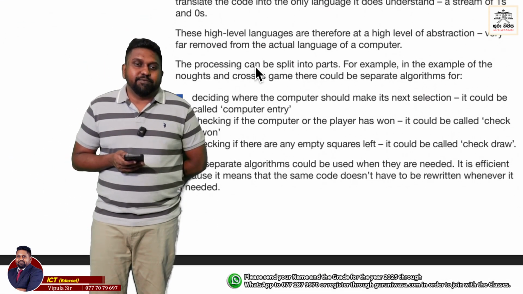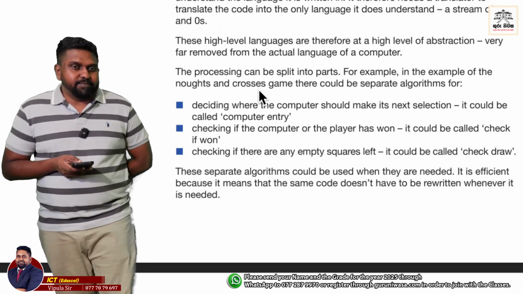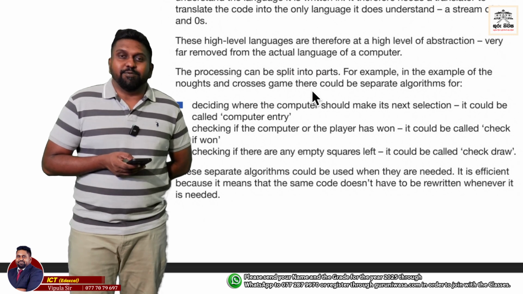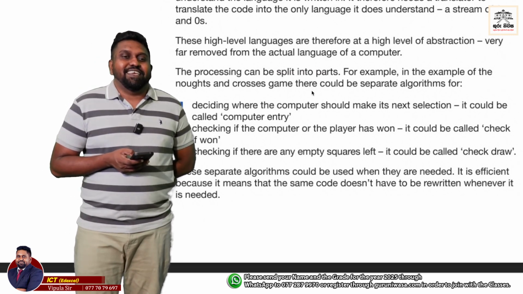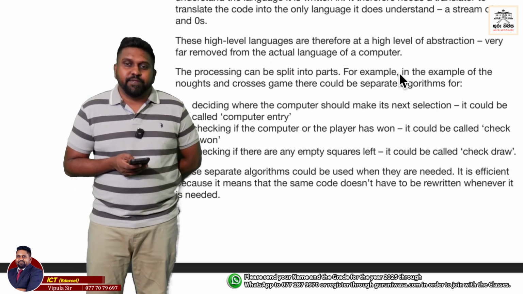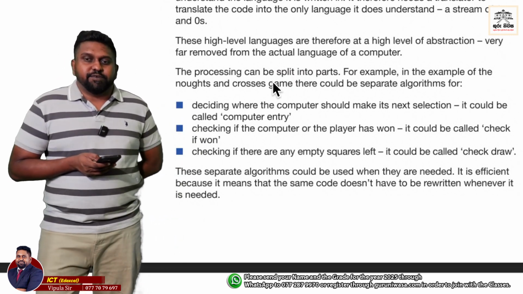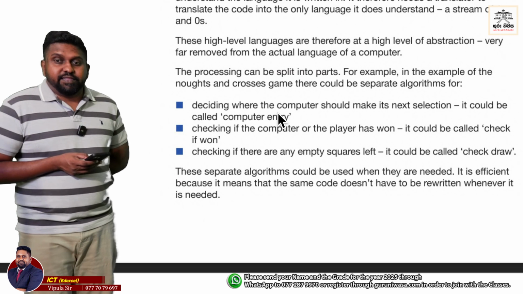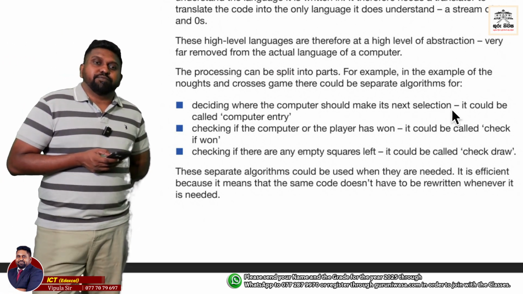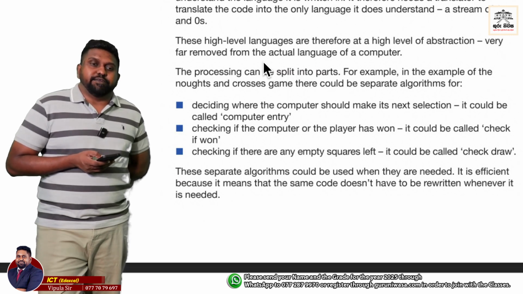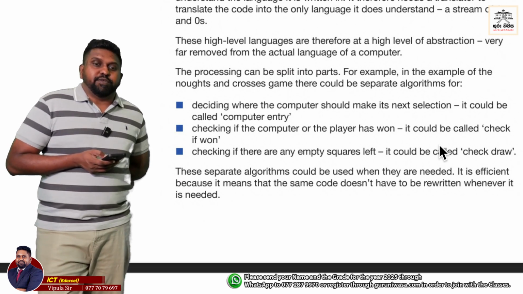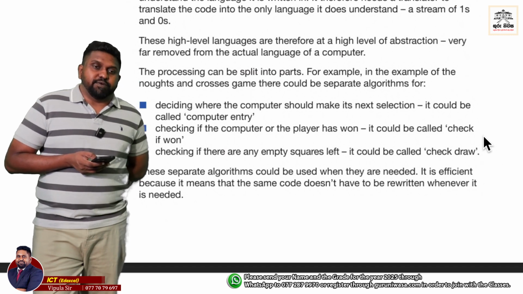Okay, so now when it comes to processing, there are multiple parts. Since for this tic-tac-toe game, that game could be built on separate algorithms, right? So there are a few points. First of all, you have to decide where the computer should make its selection, right? In this case it can be the computer entry, and again checking if the computer or the player has won, so it could be called check if won.